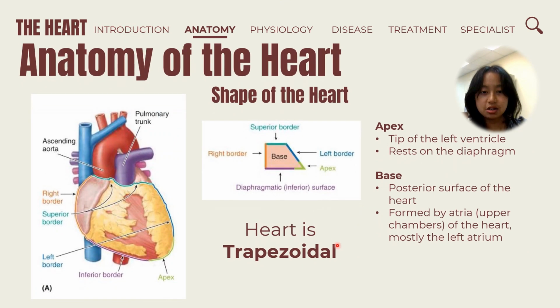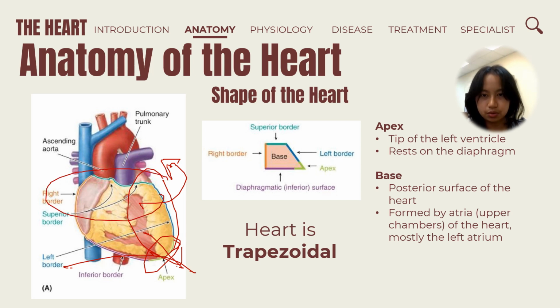Now, the heart shape is trapezoidal. The pointed apex is formed by the left ventricle and rests on the diaphragm. It is directed anteriorly, inferiorly, and to the left. The base of the heart is its posterior surface. It is formed by the atria, which are the upper chambers of the heart, and mostly by the left atrium.